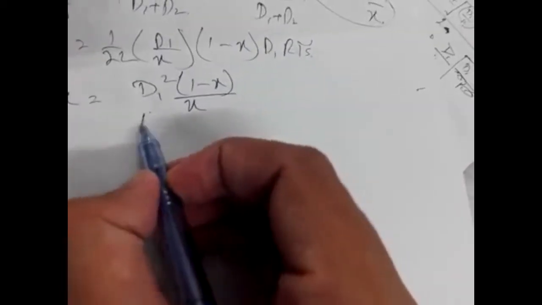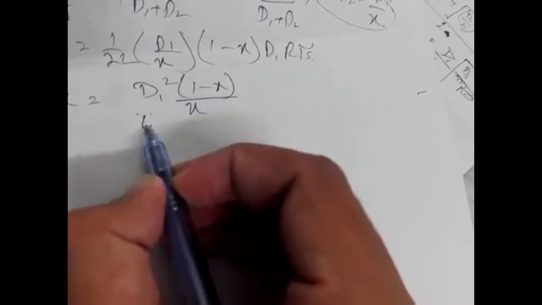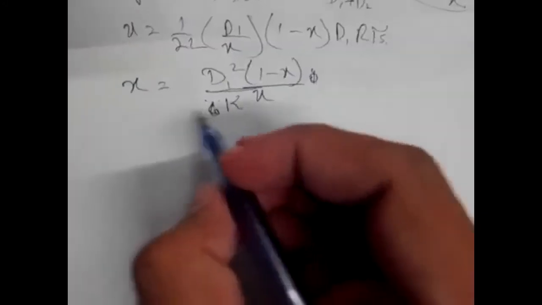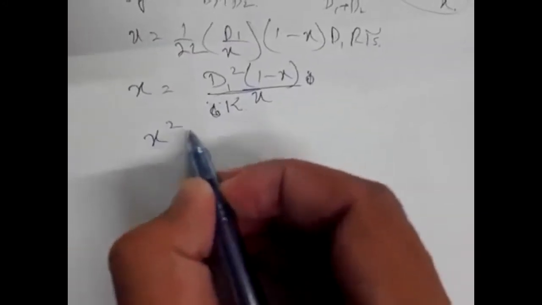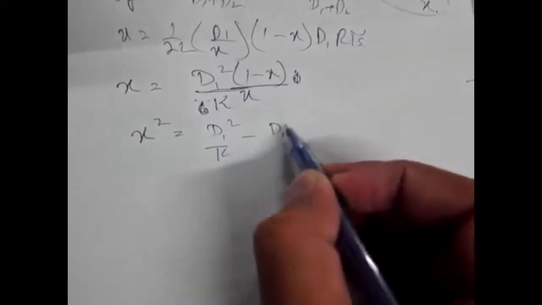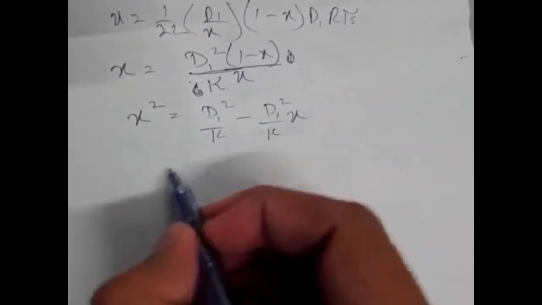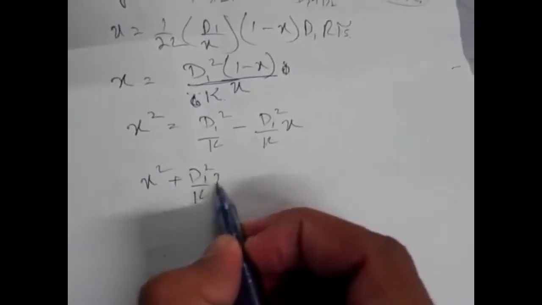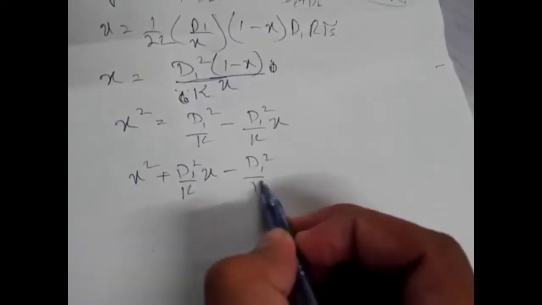Let 2L by R Ts equal tau, and 2L by R equal K. The equation becomes d1 square by K minus d1 square by K X. So it will be X square plus (d1 square by K) X minus d1 square by K equal to 0. This is equation 6.